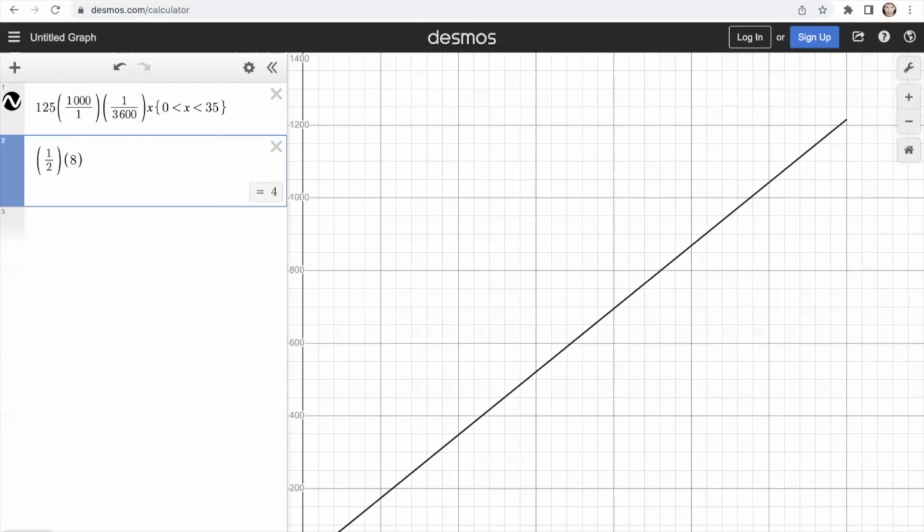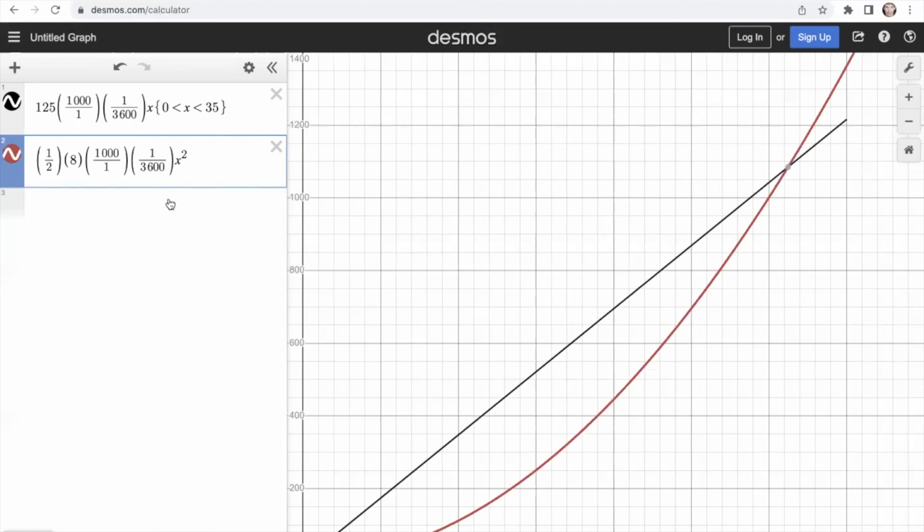So that would be, again, that 1,000 over 1 times that same 1 over 3,600, right? So this is kilometers per hour second. Now it is meters per hour second, and now it's meters per second squared. So this would be t squared, like that.